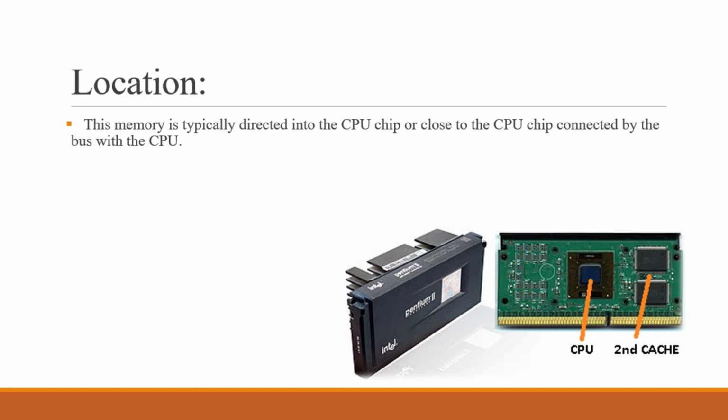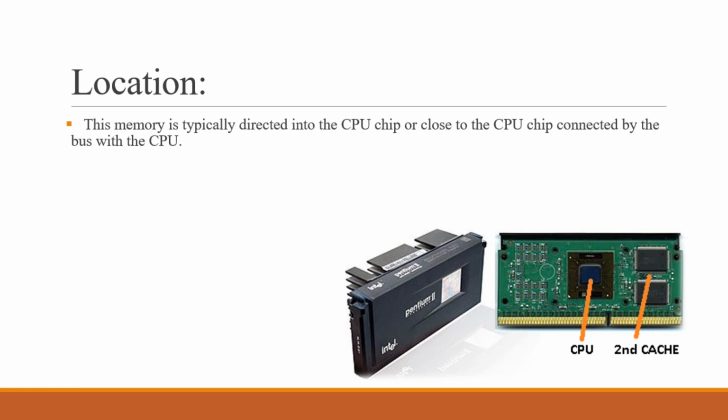The next one is the web browser cache. Web browsers often have a cache memory that stores frequently accessed web pages and their associated files such as images and videos. This type of cache memory is usually located on the local hard drive of the computer.